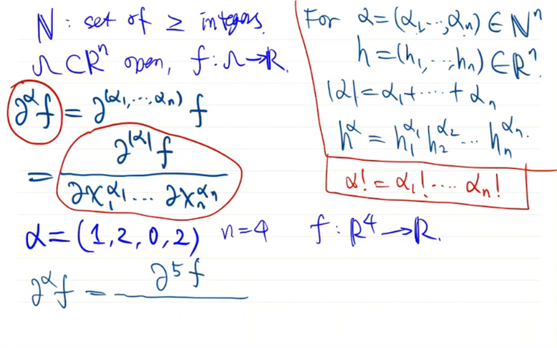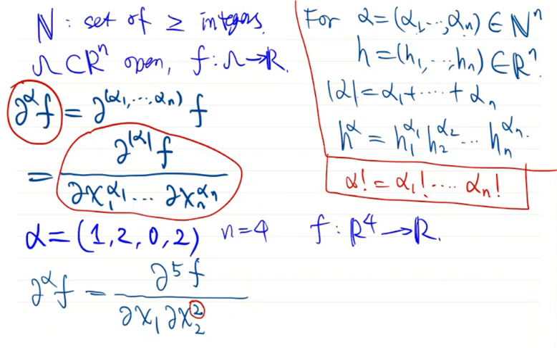Here we differentiate with respect to x1 once, because the first component is 1, and to x2 twice, because the second component is 2. And to x3 0, so no differentiation is taken to x3.